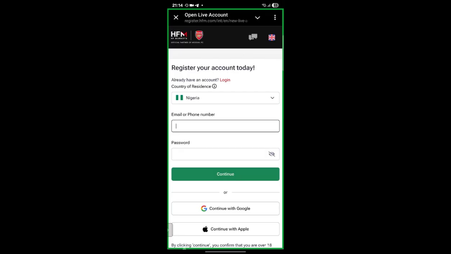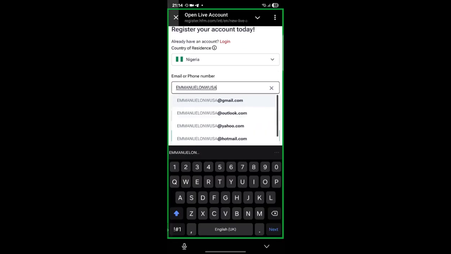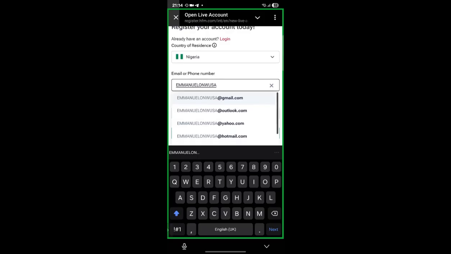So you put your email here. Put your email right now. I'll not put the email completely. Then you put the password you want to use.